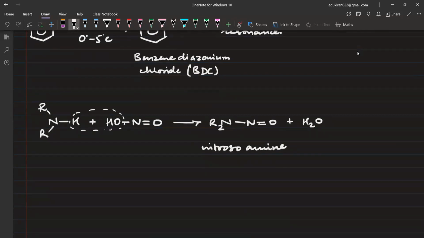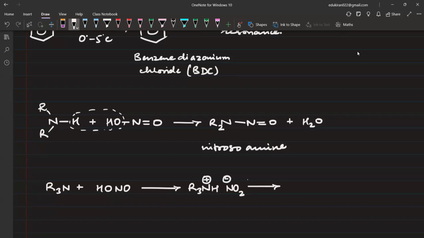आगे आपके पास है when you have 3 degree amines, that is R3N. When you react this with HONO या फिर HNO2, then you will be getting a salt that is R3NH positive. ठीक है, this will attach the hydrogen from the nitrous acid और फिर आपको मिलेगा NO2 negative. So we are getting a salt.